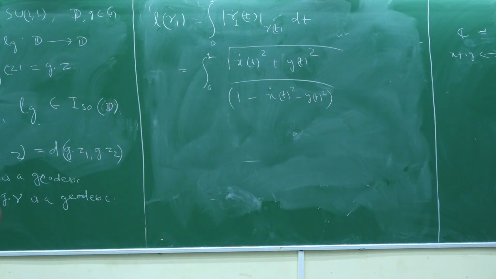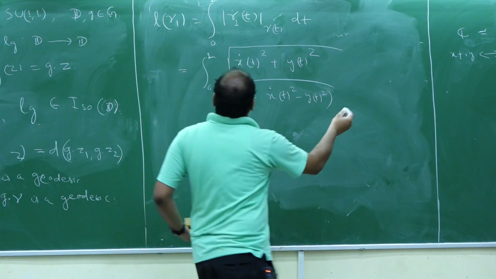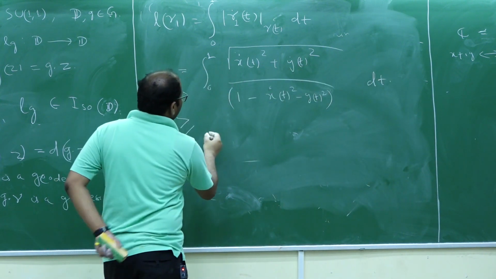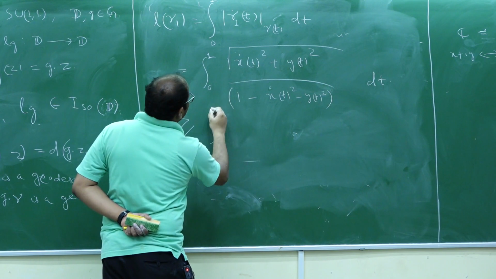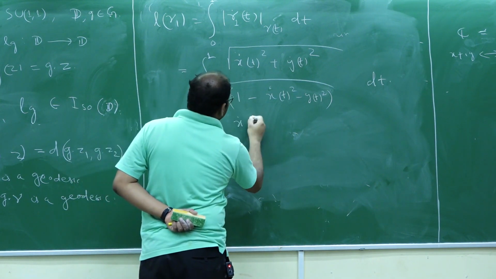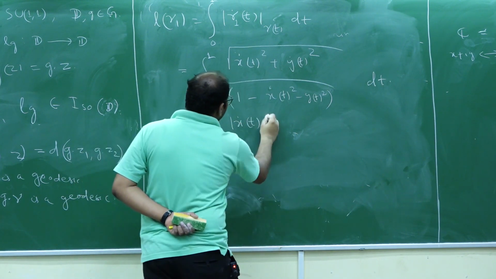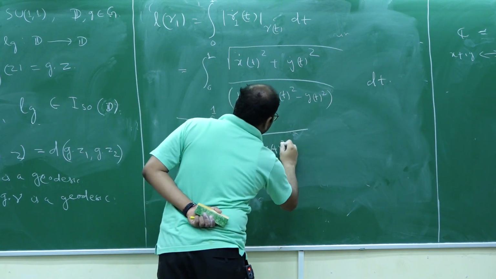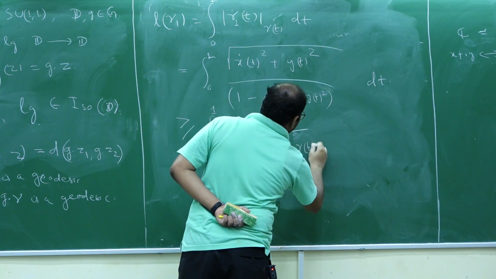Yeah, so you use that definition. And this is certainly greater than or equal to the integral from 0 to 1 of x dot(t) over 1 minus x(t) squared minus y(t) squared.